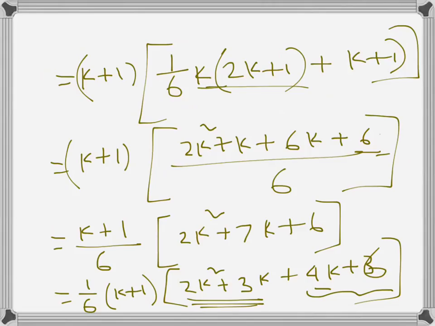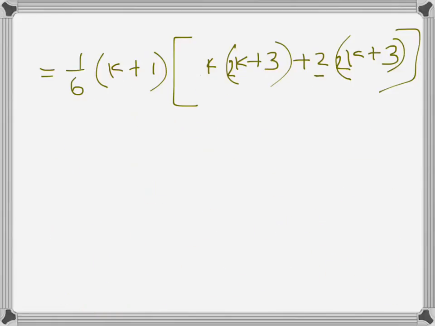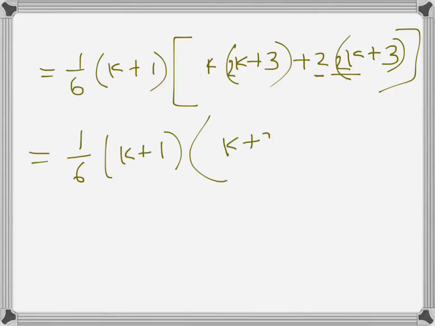Once again: 2 times 2k is 4k, and 2 times 3 is 6. So 1/6 k plus 1, and this one is k plus 2, and then 2k plus 3.